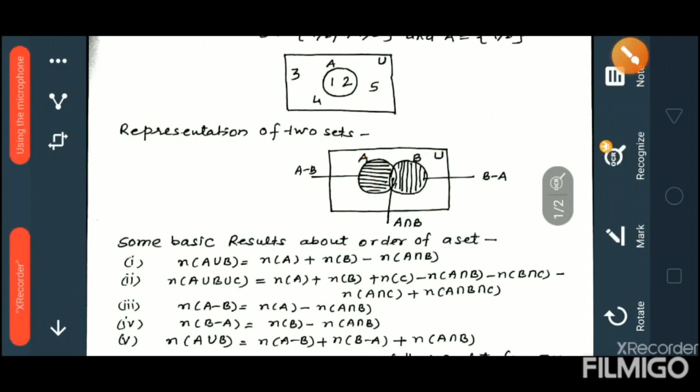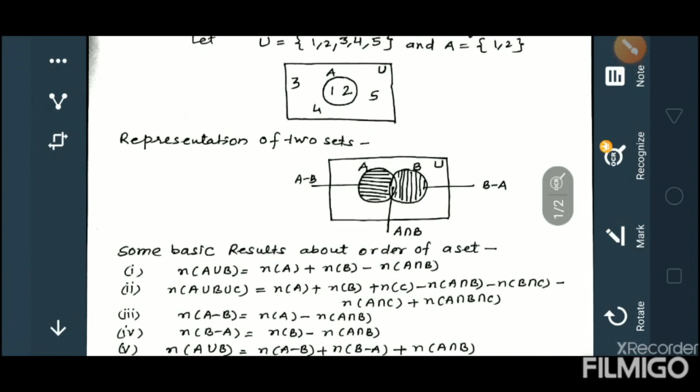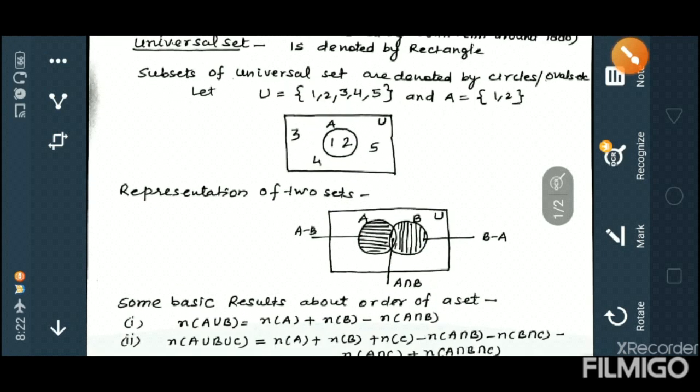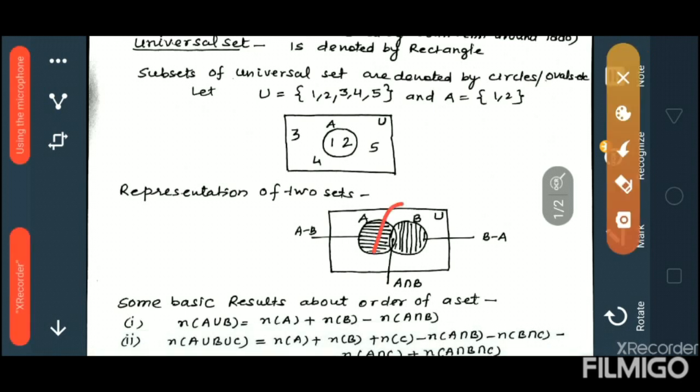Now children, these two circles intersect each other, and this intersection part is the set of all common elements of A and B. So this is literally called A intersection B.